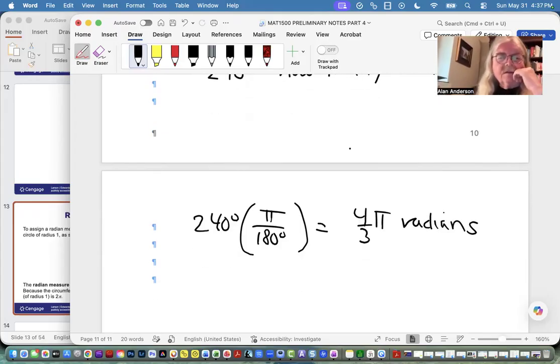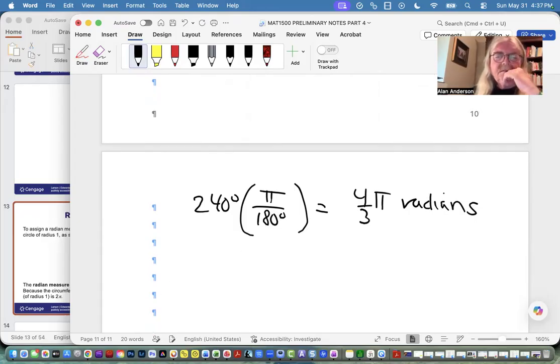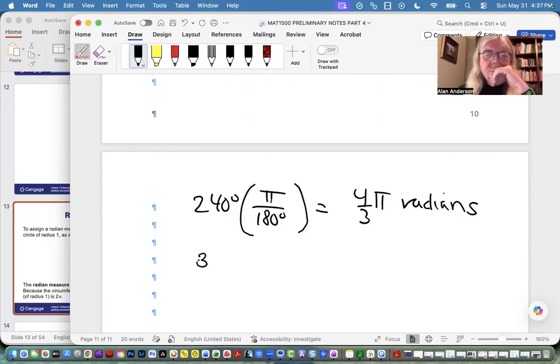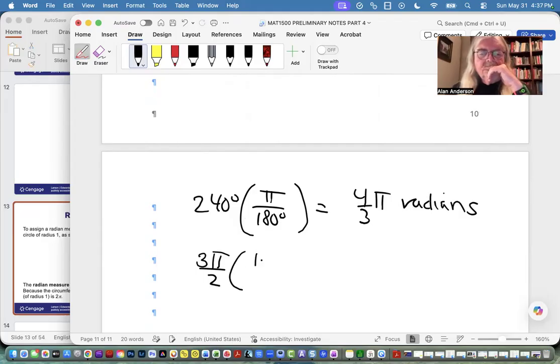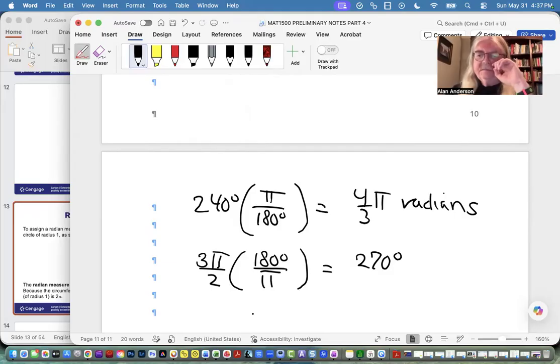But if I want to go the other direction, then it becomes 270 degrees. So that's how you go back and forth between them.